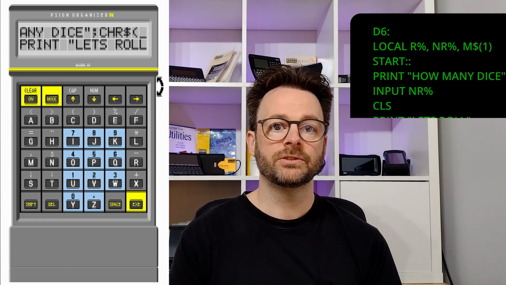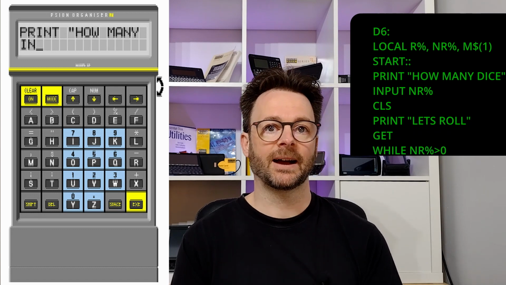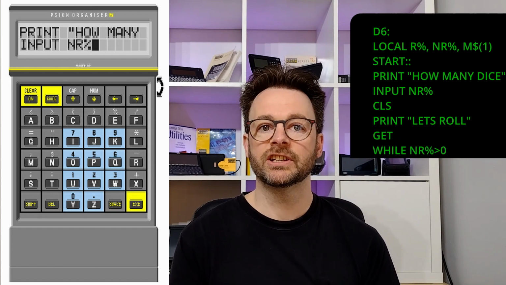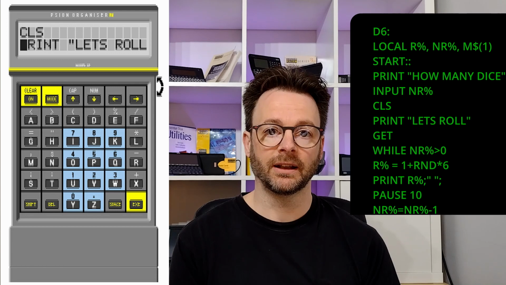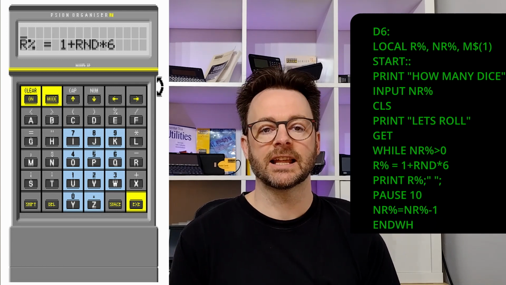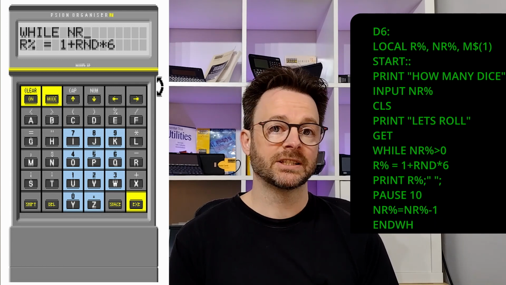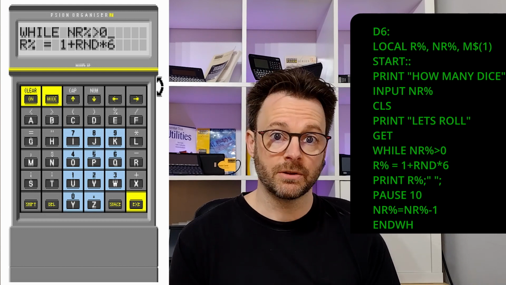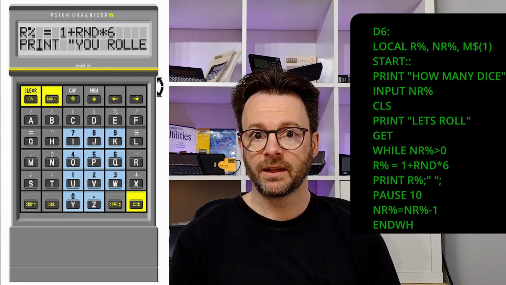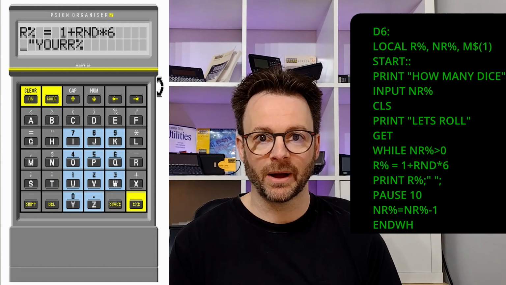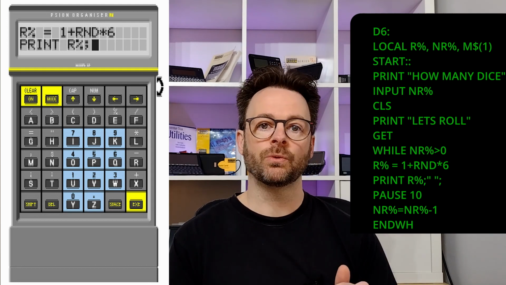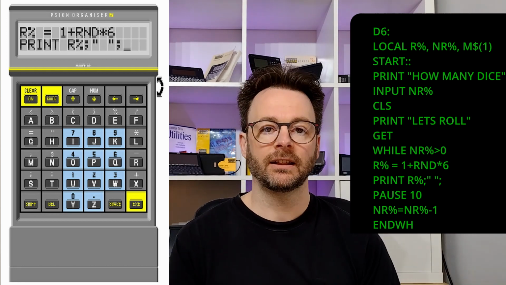The program continues the same as before until it reaches our while loop. So as long as that condition is met, it will follow the code below. So let's say nr% is 2. What happens now is it's going to create a random number, print the random number, then reduce nr by 1, reach the end while and jump back to the beginning of the loop.